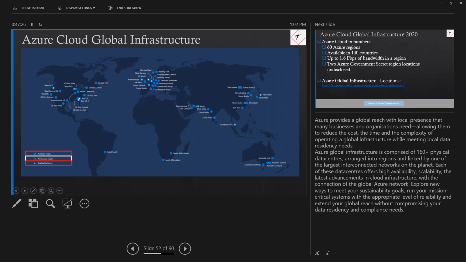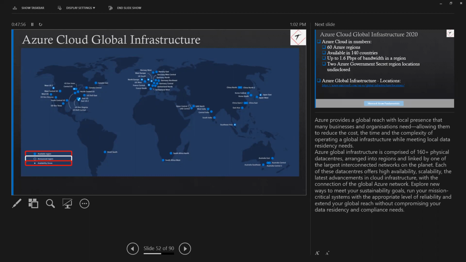And we will talk about availability zones. Within a region, you would have a couple of data centers for you to choose from, but not every region has them. We will see what availability zones are and how you can make use of them. Azure is available in 140 countries.